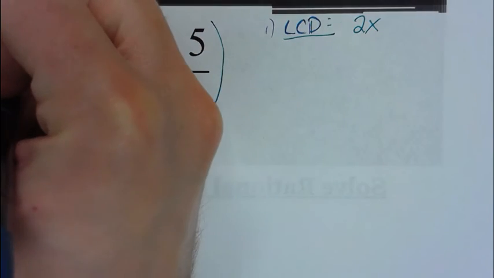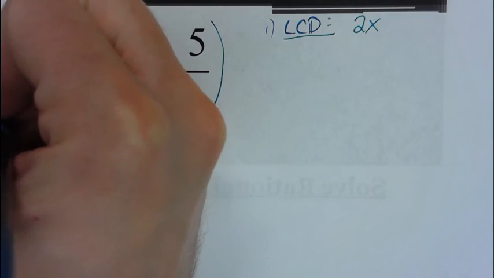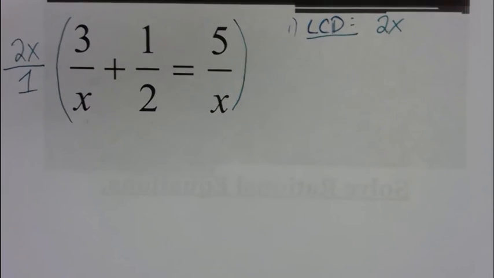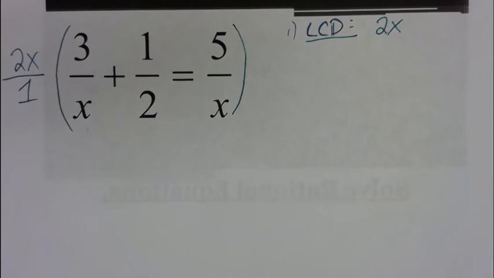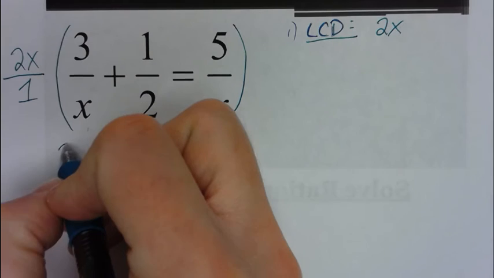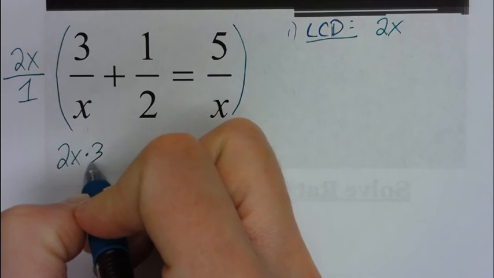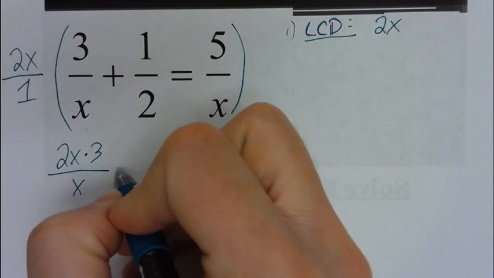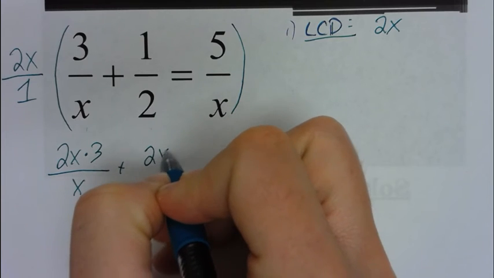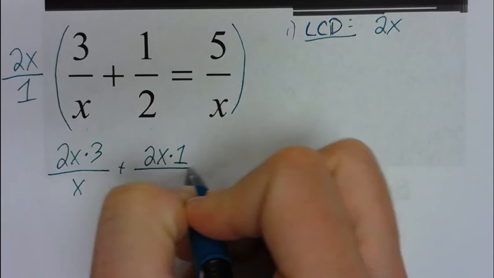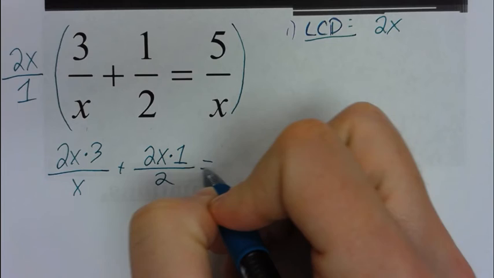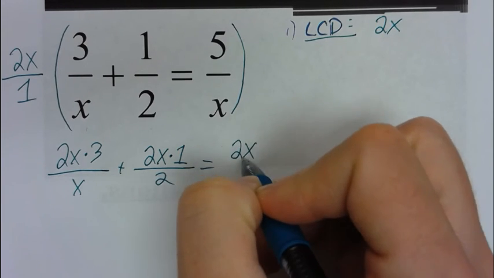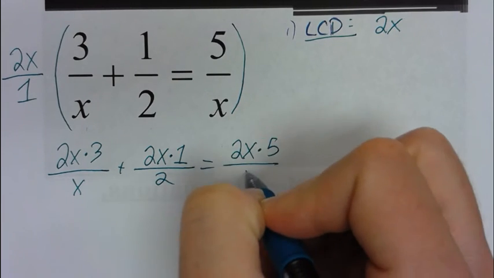So every single one of the 3 parts of this equation is being multiplied by 2x over 1. That means we would have 2x times 3 over x plus 2x times 1 over 2 equals 2x times 5 over x.